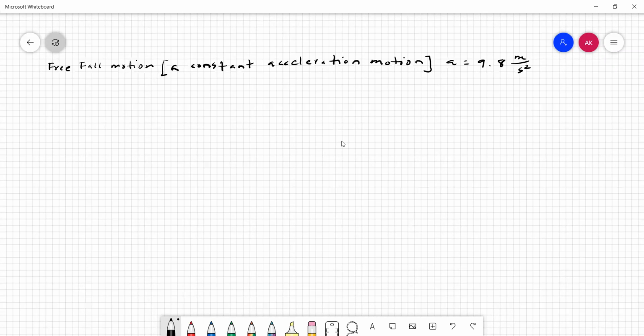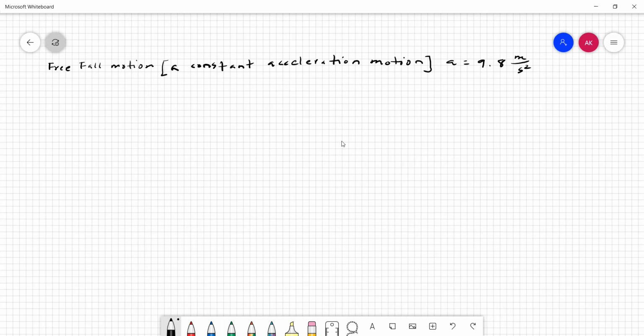Because for the entire motion, when the object is going up and coming down, the acceleration due to gravity is always downward, and its value is 9.8 meters per second squared. That helps us understand that free fall motion, over the whole entire motion, is a constant acceleration motion.